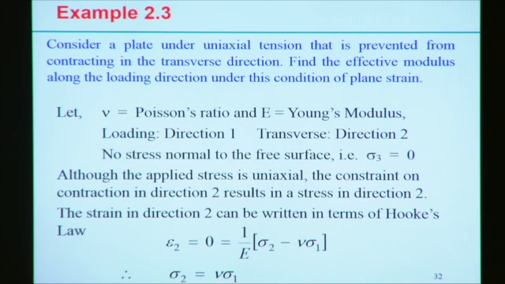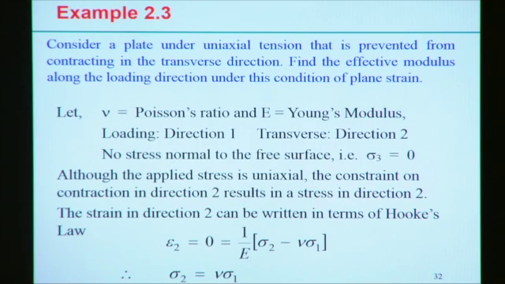Epsilon 2, that means the second direction, if we consider the loading direction as direction 1 and the transverse direction as direction 2. So in the second direction the deformation is restricted. In this case there will not be a change of length, so the strain component will be 0.